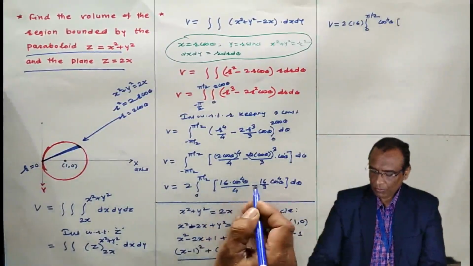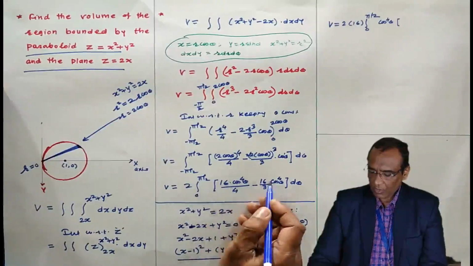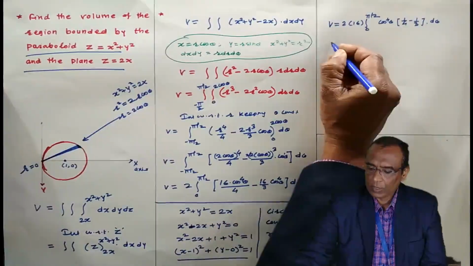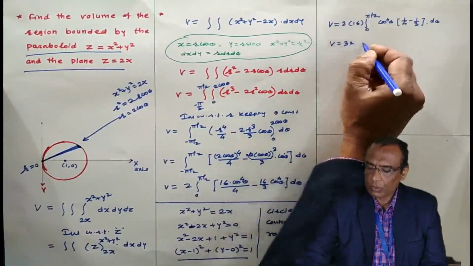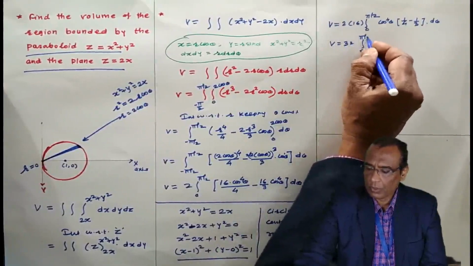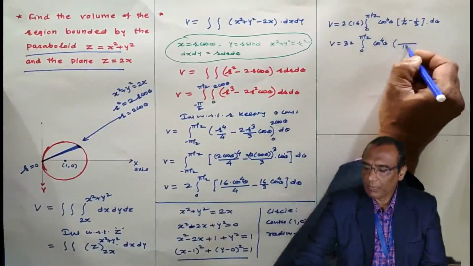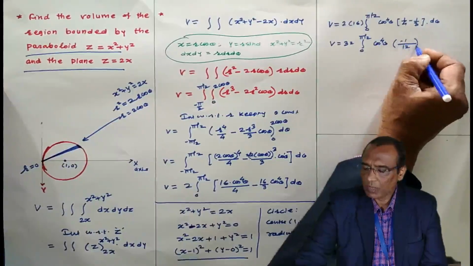If you take cos raised to power 4 common, then 16 also I have taken common. 1 by 4 minus 1 by 3 will remain. V equals 32, 0 to pi by 2, cos power 4 theta, and 12 is LCM, and 3 minus 4 is minus 1.